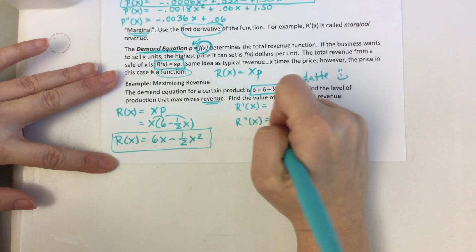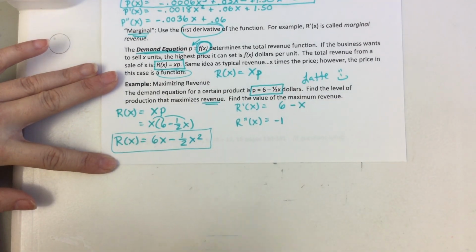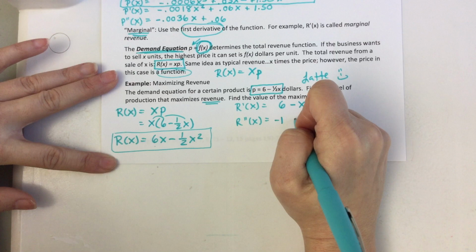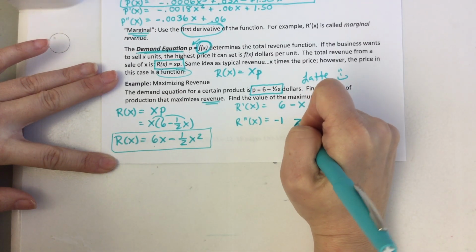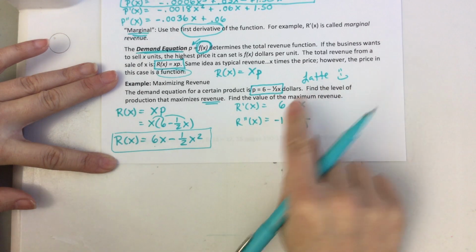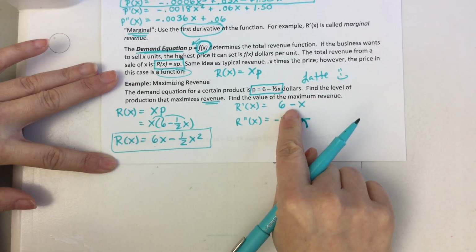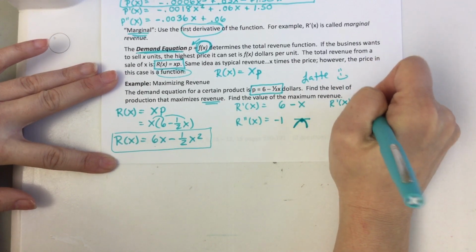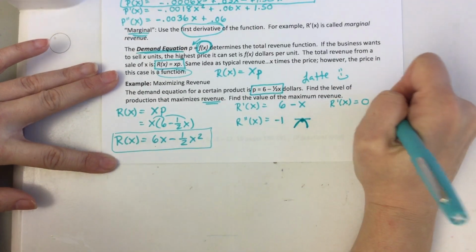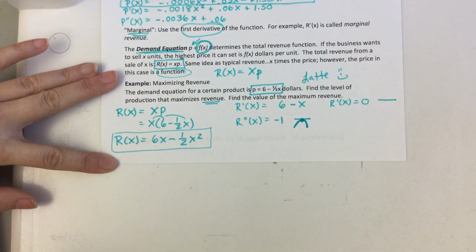This would be a 0. This would be a negative 1. So the cool thing is I see that this is a constant, so I know that this is always concave down. So I know that whatever value makes this equal 0, because remember, you always take your first derivative, set it equal to 0, because that's where you want to find a maximum or a minimum.